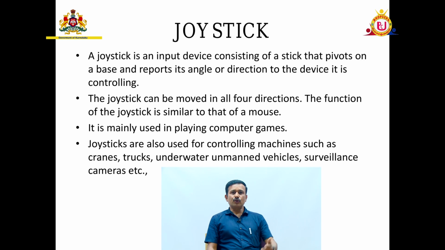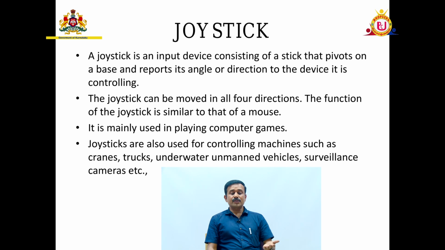Next, we'll move on to another input device called joystick. Joystick is an input device specially meant for controlling the contents. It is also called a control panel. It is specially meant for playing video games. In mobile cameras, we use joystick.